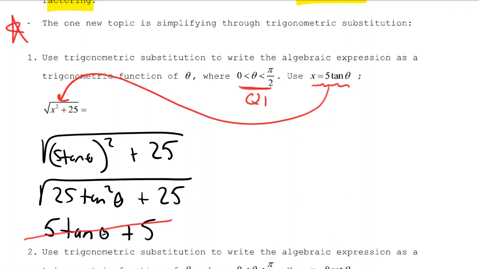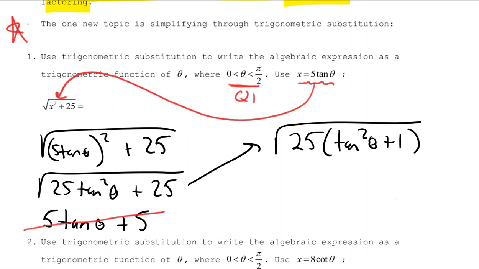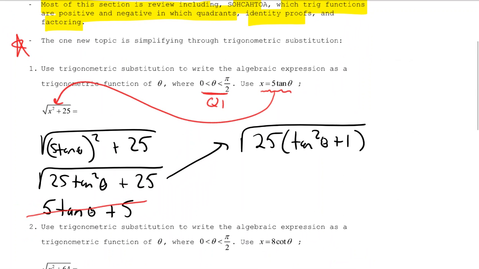So instead, I would recommend that you put that on your notes and put a line through it. Instead, what you can do is say, well, both of these have a 25, so let me factor that GCF out. And then finally, we can make a replacement right here.